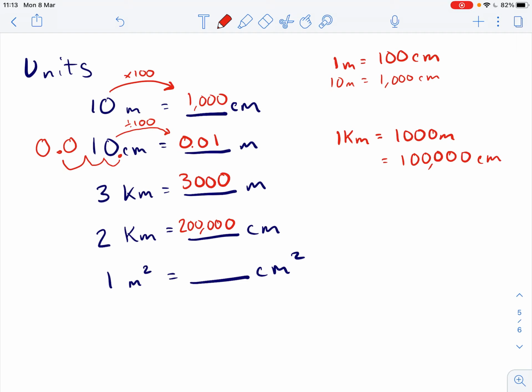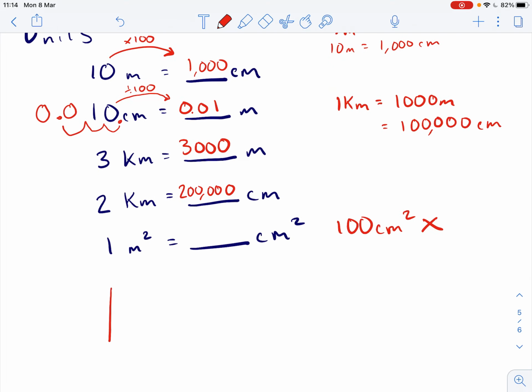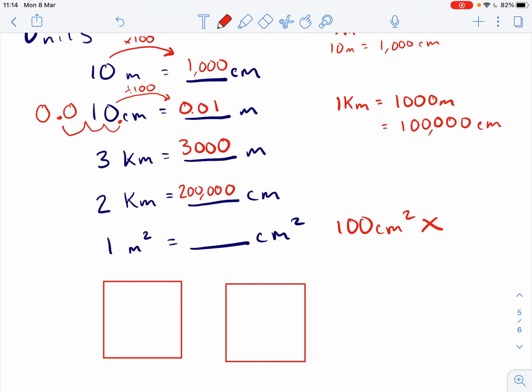Okay, and 1 meter squared. Now, if you put 100 centimeters squared, this would be wrong. For this I'm going to ask you to imagine what this unit means. This would mean we'd have a square. In fact, I'll draw 2 squares which are identical in size, and we'll label this 1 meter by 1 meter, because the area of this will then be 1 times 1, so 1 meter squared.